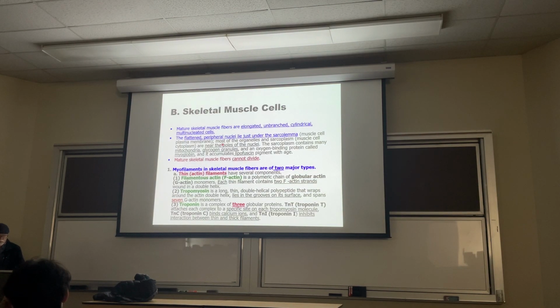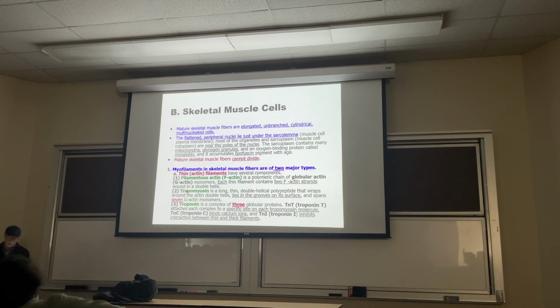Now, what are the proteins in the skeletal muscle? They are the thin filaments, microfilaments or actin, and the thick filaments, myosin. But then we also have some regulatory proteins: tropomyosin, which sits on top of the actin, and troponin, which sits on top of the tropomyosin.